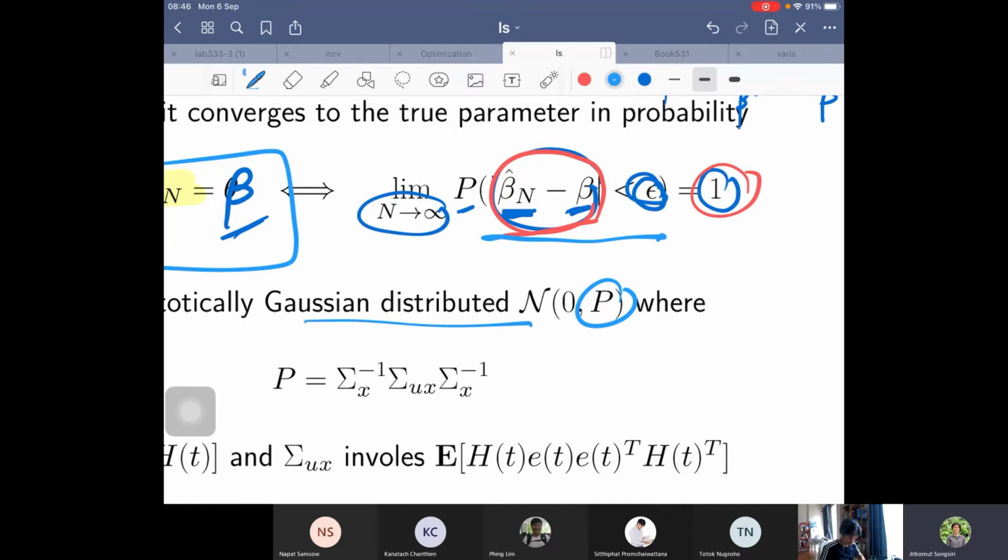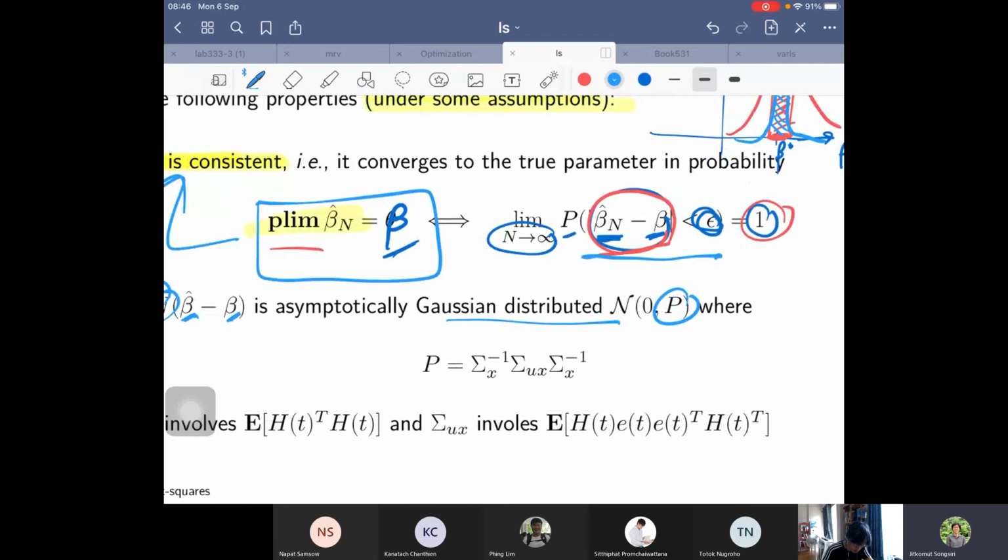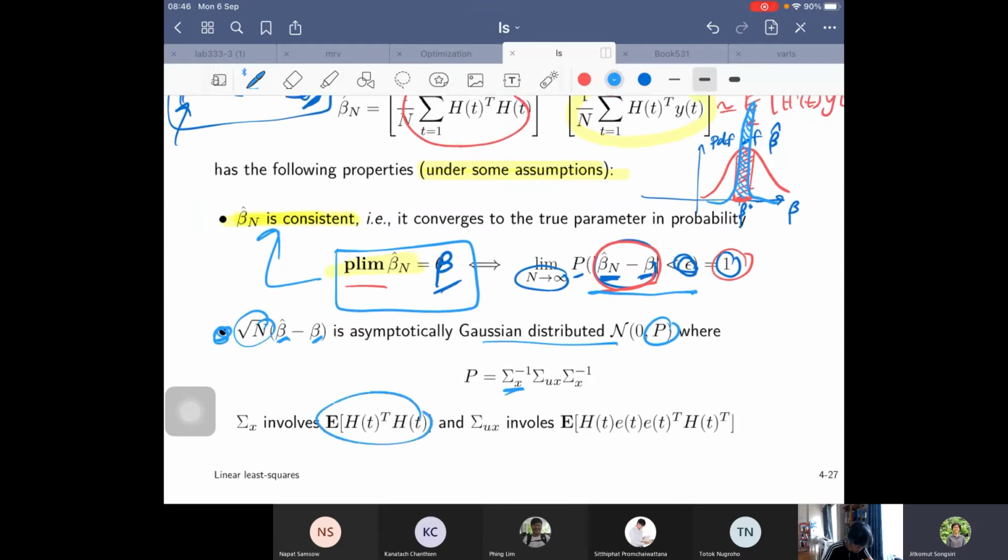That matrix P can be given by the covariance sigma x that involves the expectation of H transpose H, and the cross correlation between U and X, which involves the characterization of the expectation of these quantities.